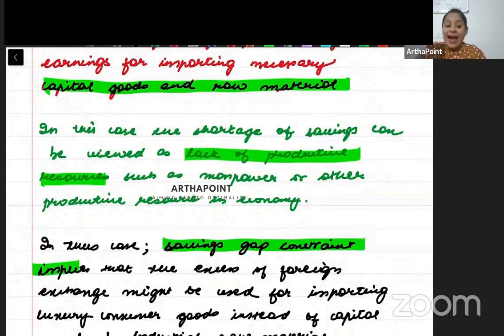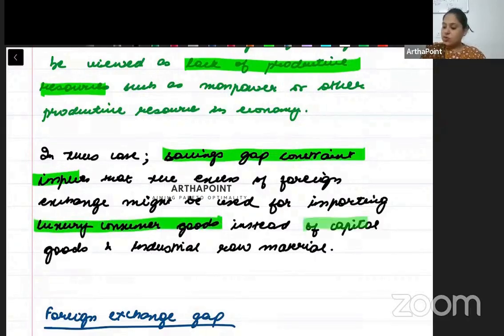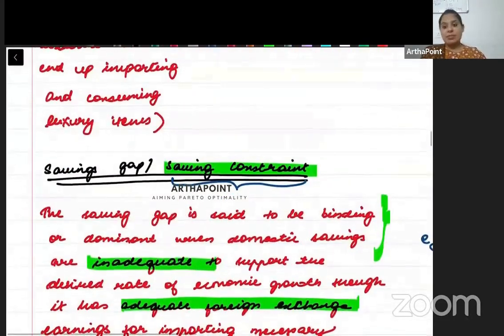So due to lack of productive resource, due to lack of manpower, I am not able to grow in my economy. So you start spending your money on luxury consumer goods instead of capital goods and raw material. ये हो गया savings gap.